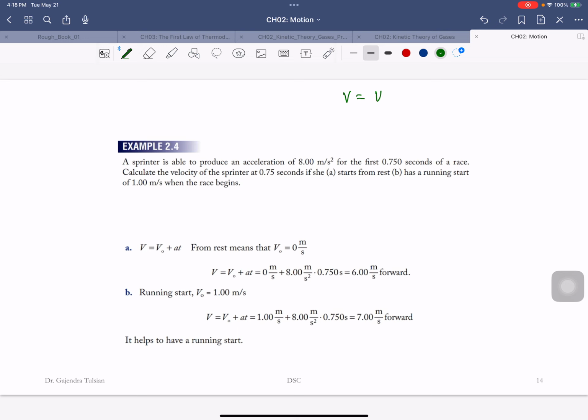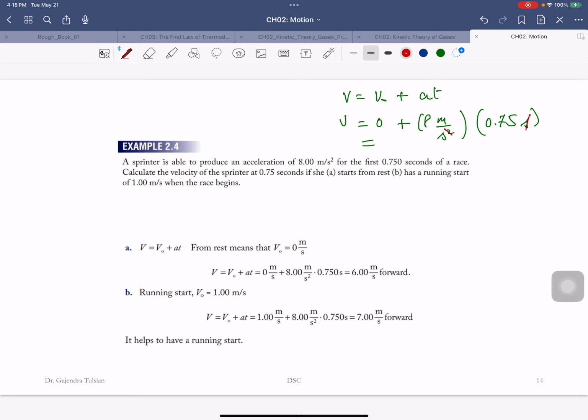Okay, so if you start off from rest, the initial velocity is 0. Your acceleration was 8 meters per second squared. And after 0.75 seconds, your velocity will be that times that, one of the seconds cancels.